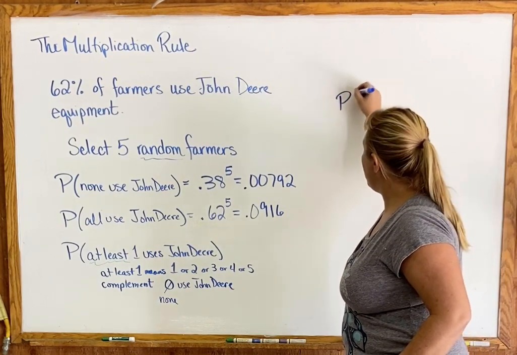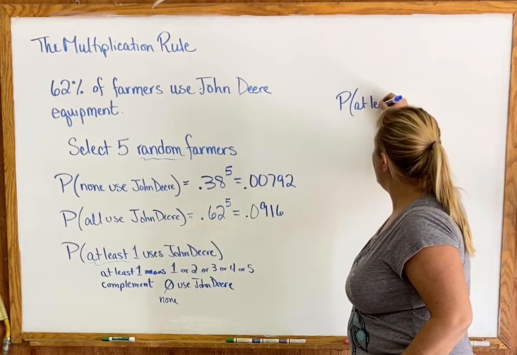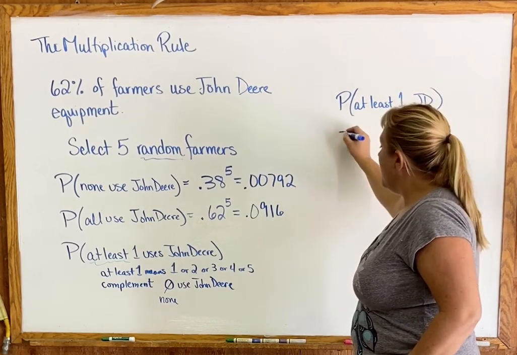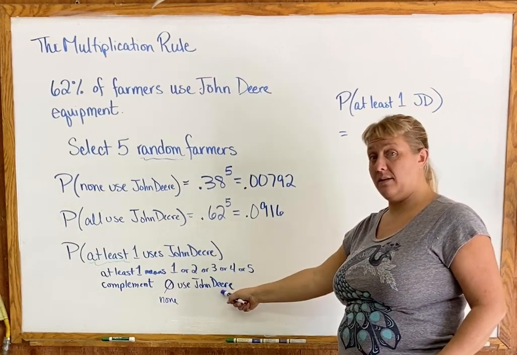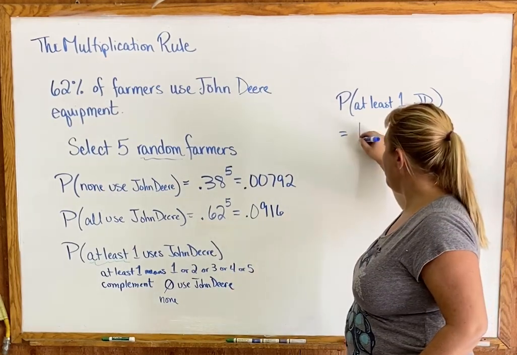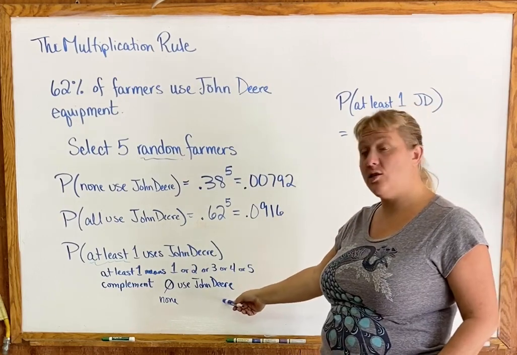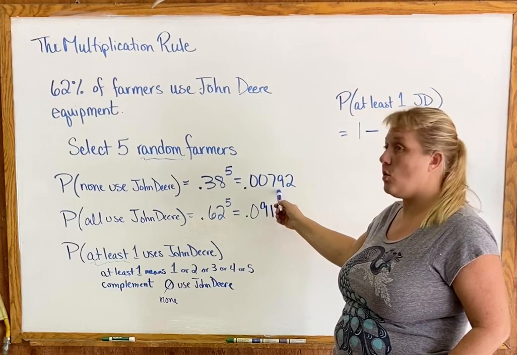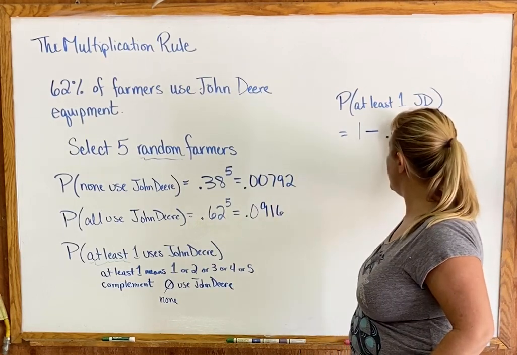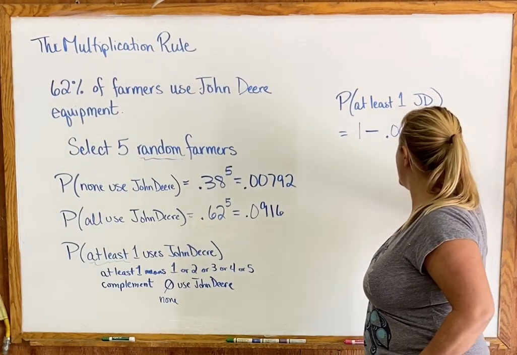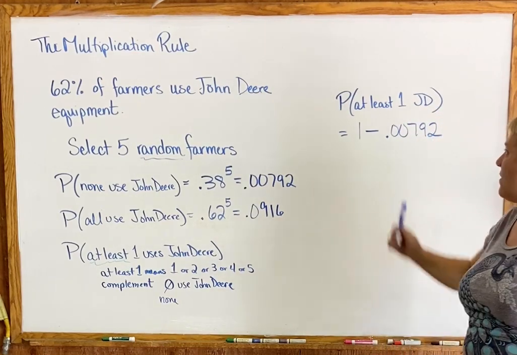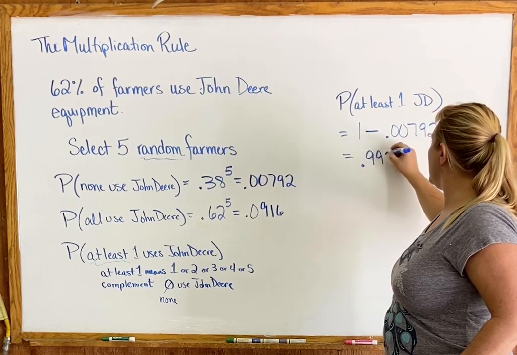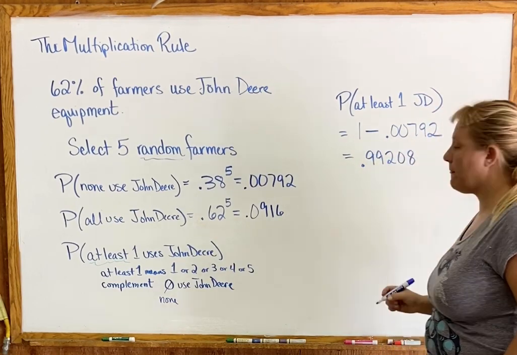We take the probability of at least 1 using John Deere, we use the complement, take 1, and subtract away what we don't want. We don't want these guys, right? That's the none, that's the complement. So if we take the 1 and we subtract away the 0.00792, that should leave us with at least 1. So that'll be 0.99208. Okay.